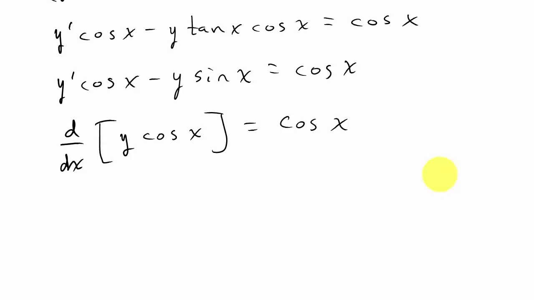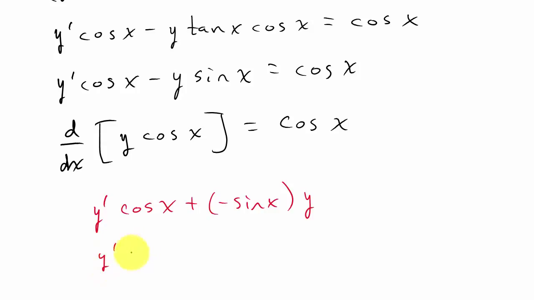Alright, so let me show you how that works. If you take the derivative of this, this is the product rule. So it's the derivative of this, which is y prime, times the second function, cosine x, plus the derivative of the second function, which is the derivative of cosine, negative sine, times the first function, y.